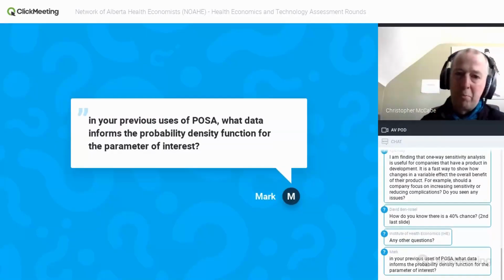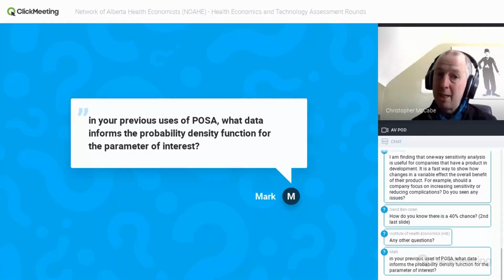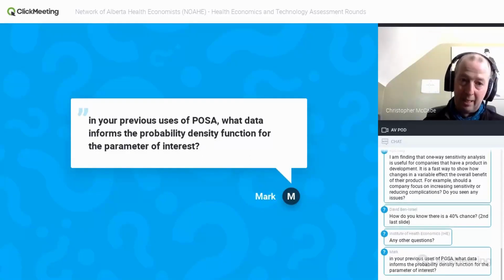So Mark says, in your previous uses of POSA, what data informs the probability density function for the parameter of interest? Well, it's the same data that you use to specify your probability density function for the parameter for the complete probabilistic sensitivity analysis. So that might be from the trial report, where you might have mean effects and standard errors. You might have event rates from which you can characterize beta distributions.